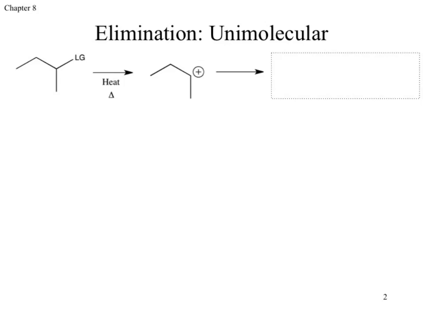Again, I'll give you the freedom to attempt this, and I'm going to talk over you while you think about it, just because I'm mean. The other name that typically comes with your eliminations, we don't refer to them as just eliminations. You'll also hear reference to a beta elimination. That is in reference to the idea that where our leaving group is located is the alpha position.